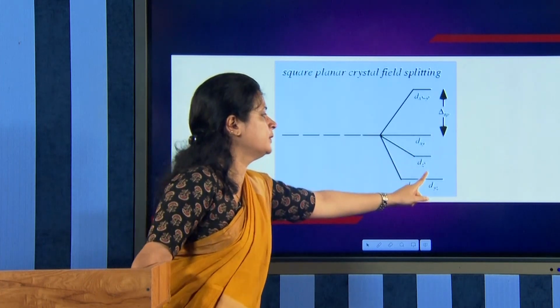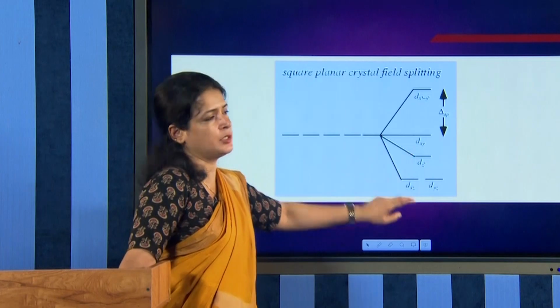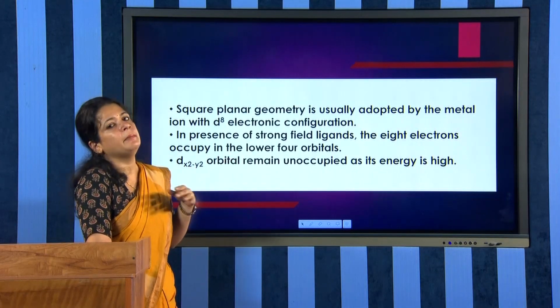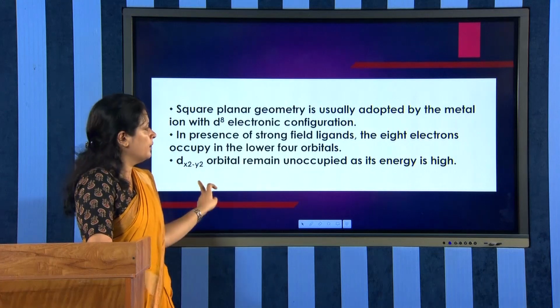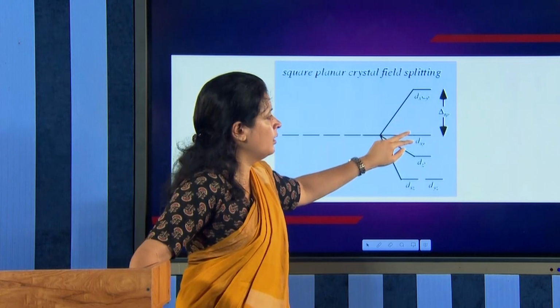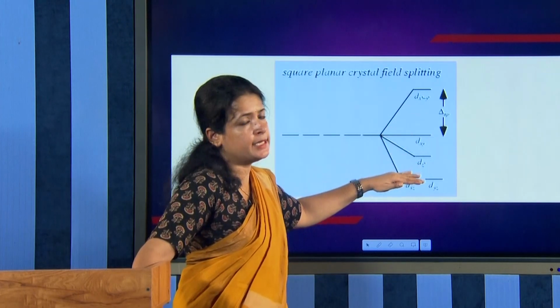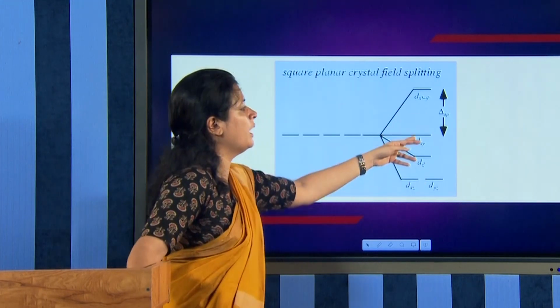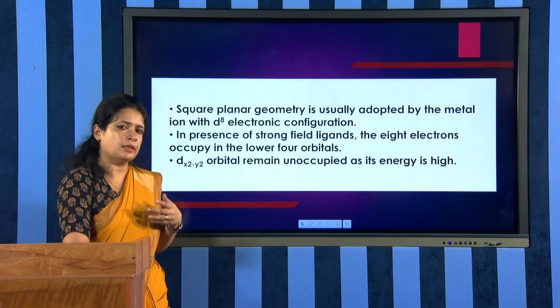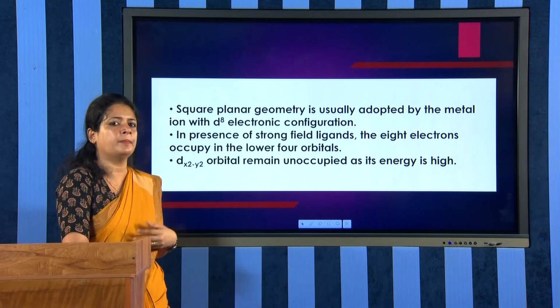That is 1, 2, 3, 4, 5, 6, 7, 8. The dx square minus y square orbital will remain unoccupied. Means, see this delta sp will be greater, and the d8 system means we have only 8 electrons. They will be occupying only up to dxy. This is the case of the crystal field splitting in square planar complexes.